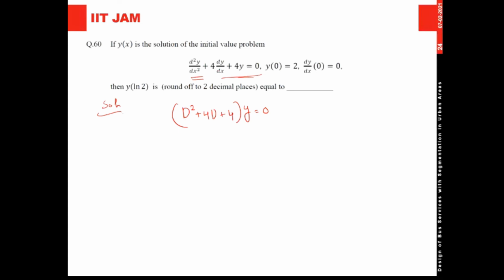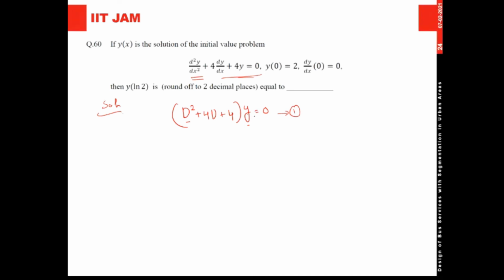So D squared y means the second derivative of y, and 4 times Dy means 4 times the first derivative of y, and then plus 4y. So this is my equation number 1. Now, in order to find the solution, first we want to find the auxiliary equation.